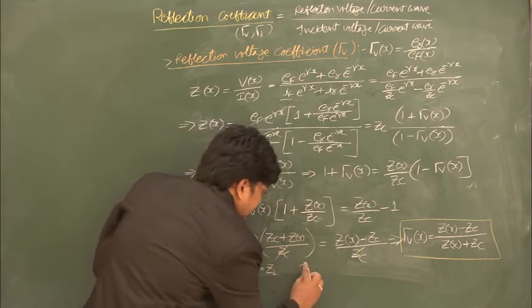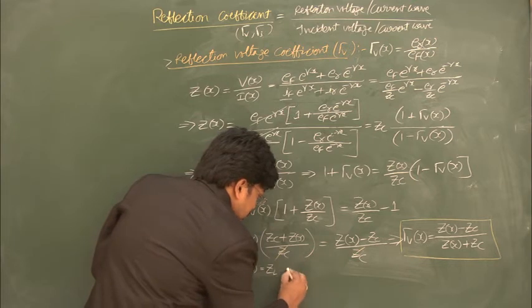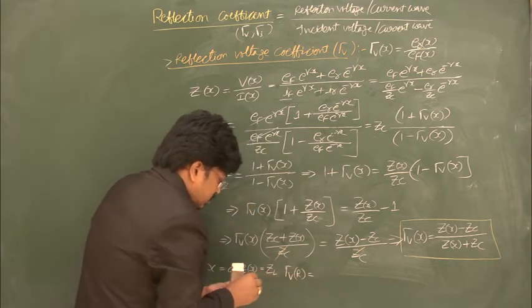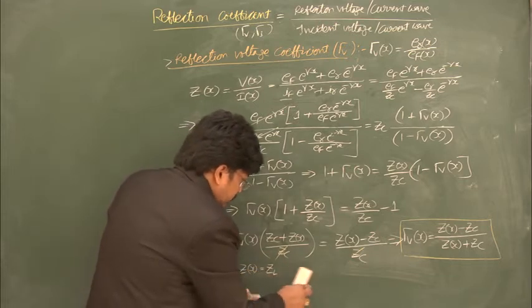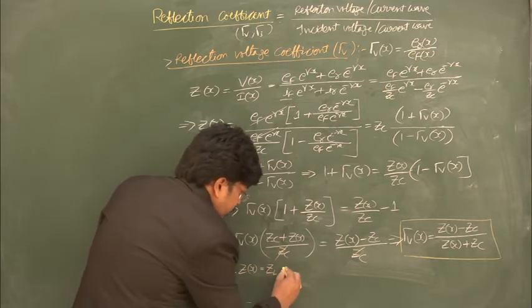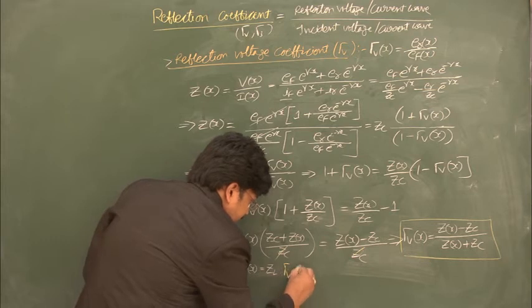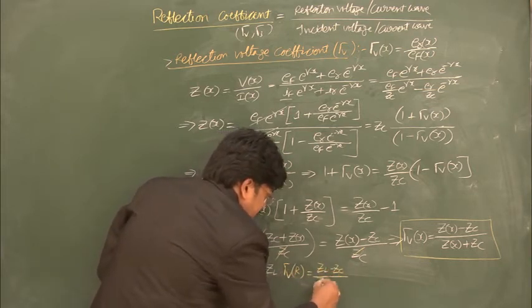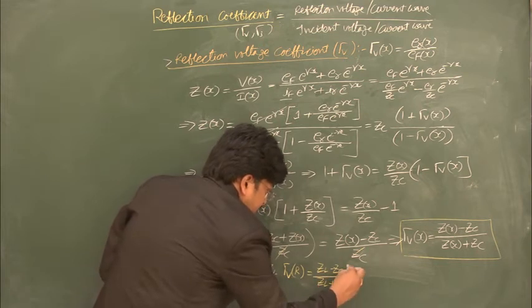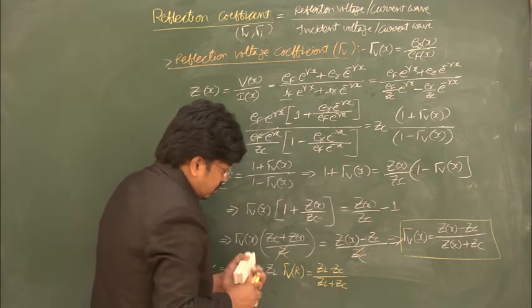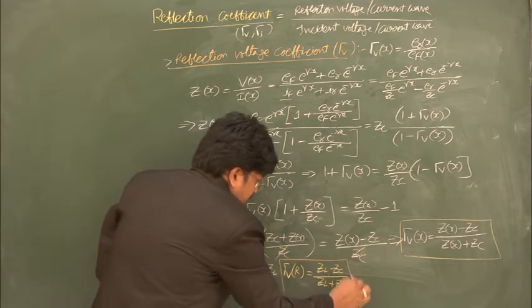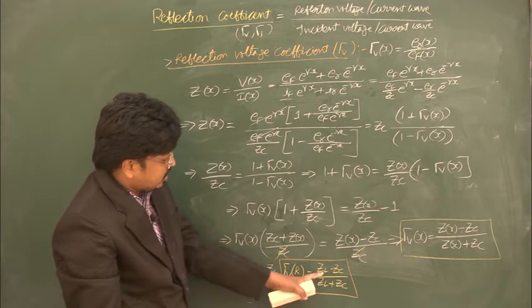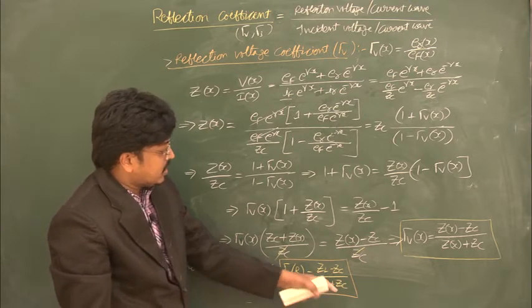Therefore, the reflected voltage coefficient at the receiving end side, eta V, is equivalent to (ZL minus ZC) by (ZL plus ZC).